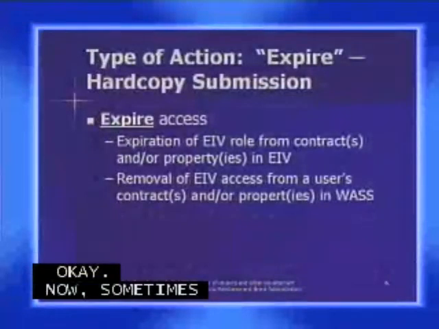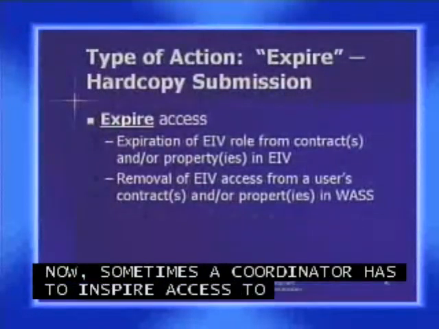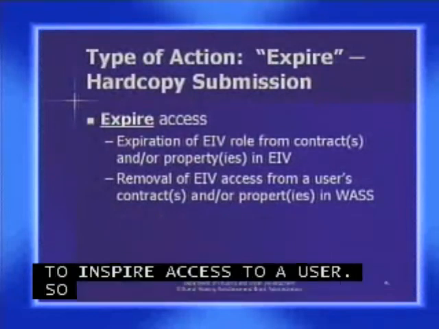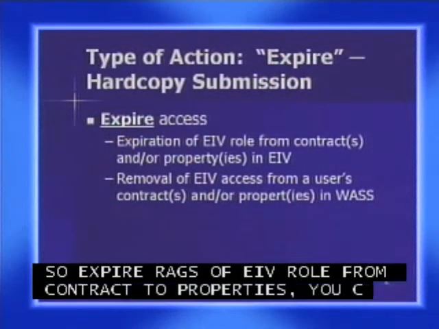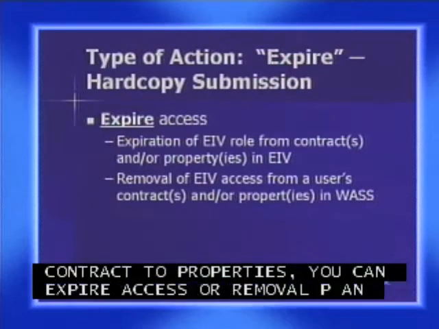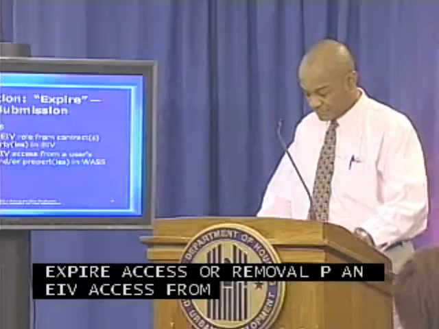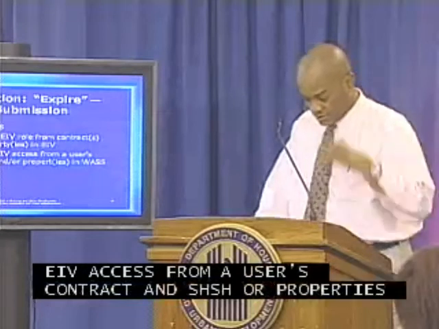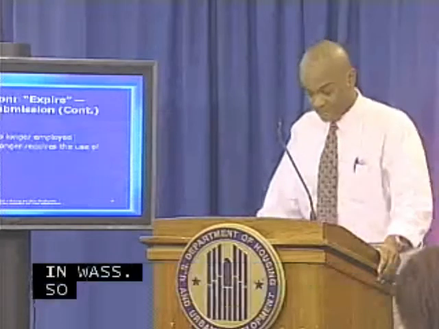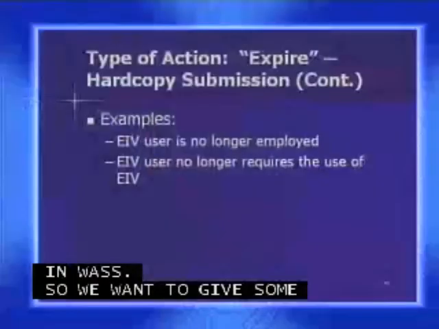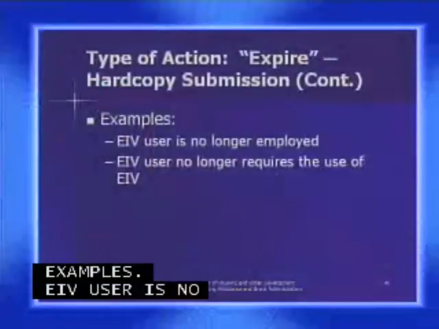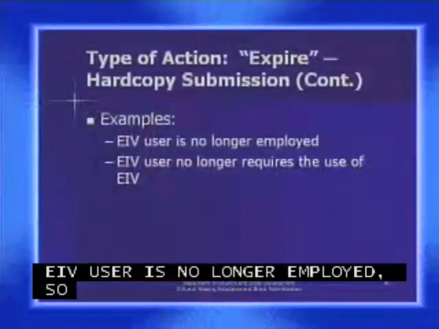Now, sometimes a coordinator has to expire access to a user. Okay, so expiration of EIV role from contracts or properties: in EIV you can expire access, or remove EIV access, from a user's contracts and or properties in WASS. So we want to give some examples.